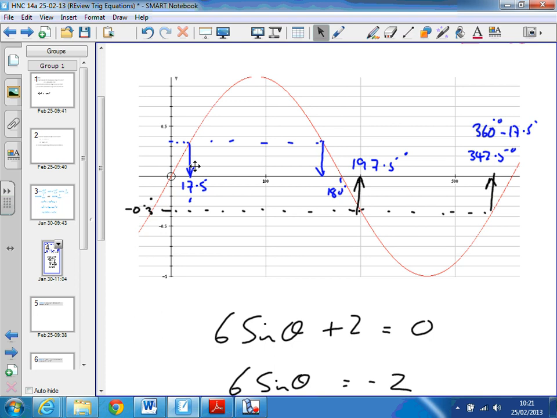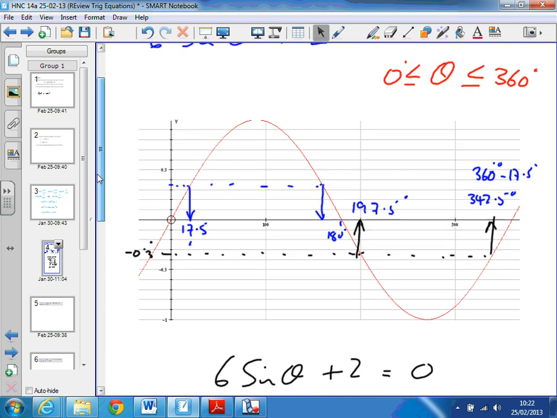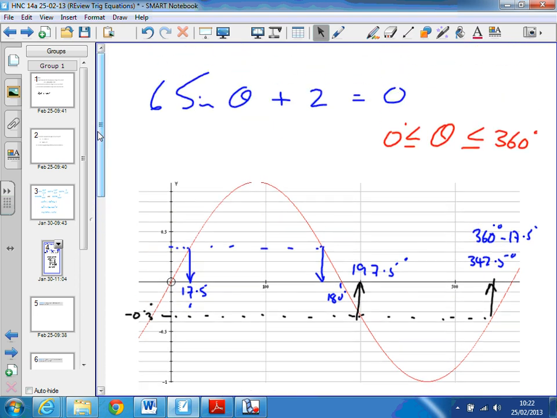So going back to the start of this question, just to summarize: if you're asked to solve an equation, we need to know within what band we're interested, because there's an infinite number of angles that have a sine of minus 0.3. This wave carries on to infinity, so you need to specify within which band you're interested. 0 to 360 degrees is common.